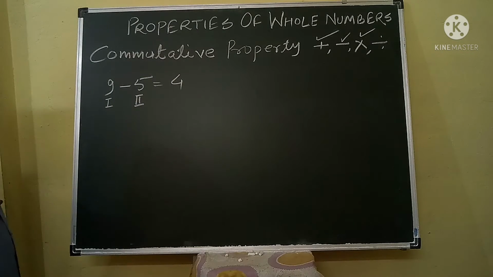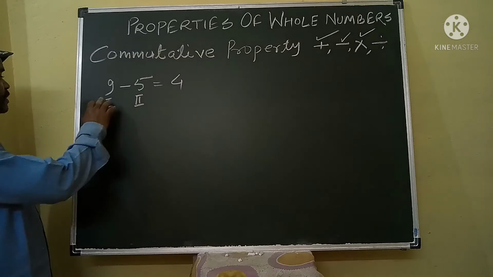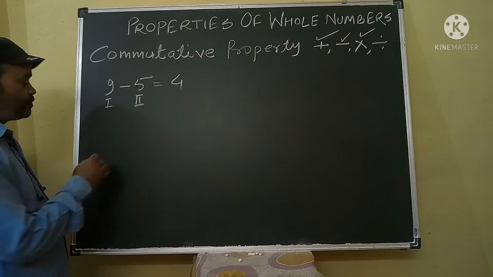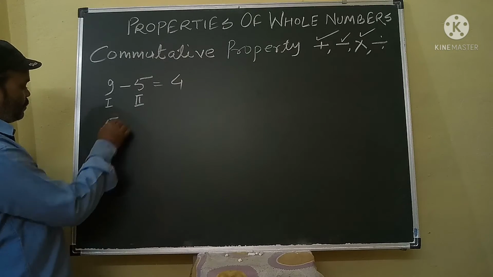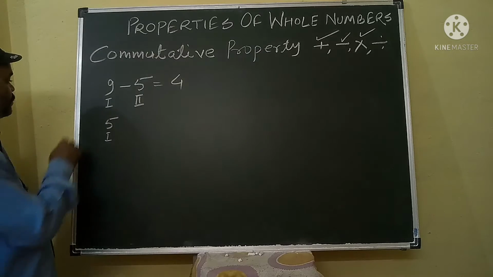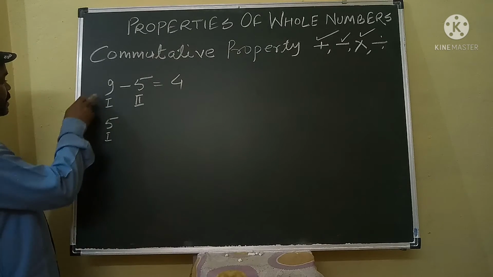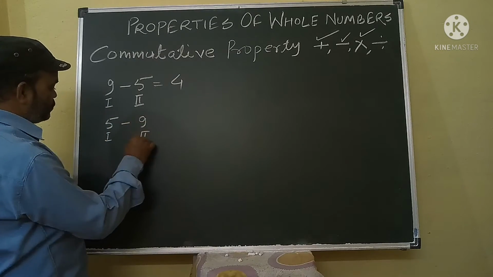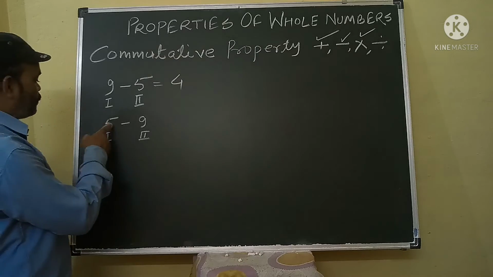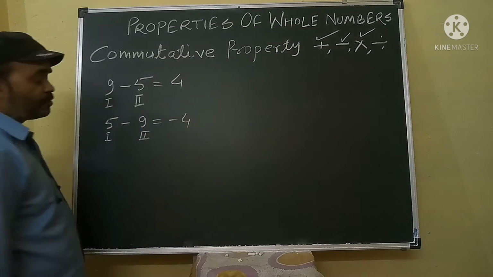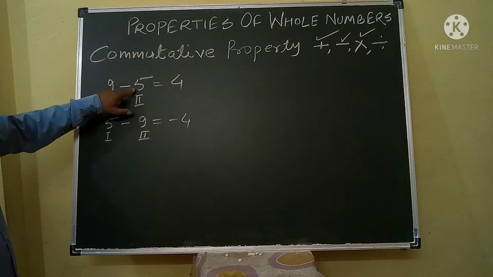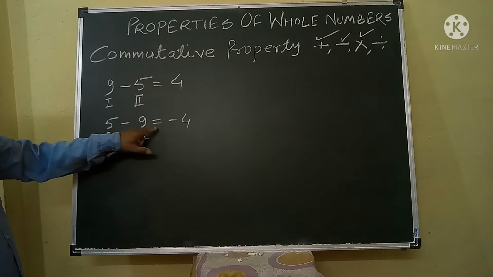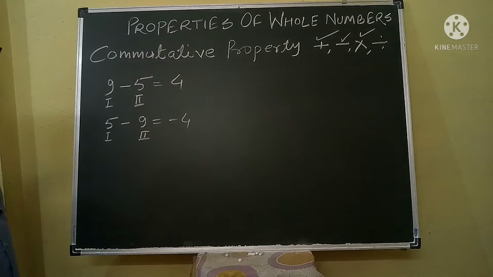But if you change the order of these two numbers, in the second example 5 is in first place and 9 is in second place. So 5 minus 9 will give you minus 4. 9 minus 5 is equal to 4, but 5 minus 9 is equal to minus 4.